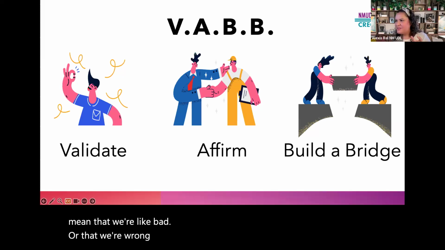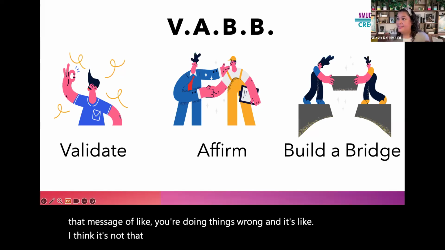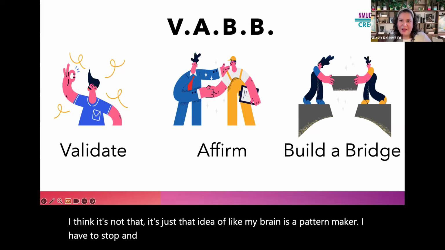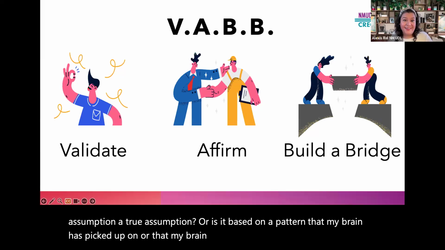So often as teachers, we get that message of, you're doing things wrong. I think it's not that, it's just that idea of, my brain is a pattern maker. I have to stop and evaluate, is this pattern a true pattern, or is this assumption a true assumption, or is it based on a pattern that my brain has picked up on or looks for, right?